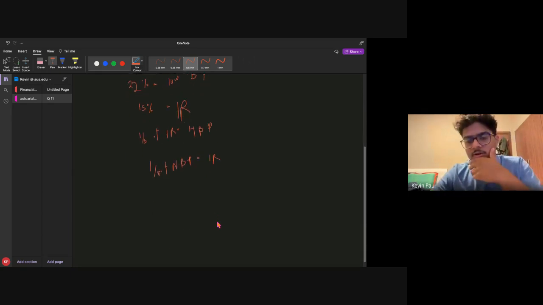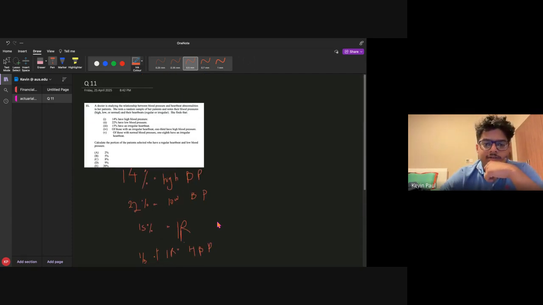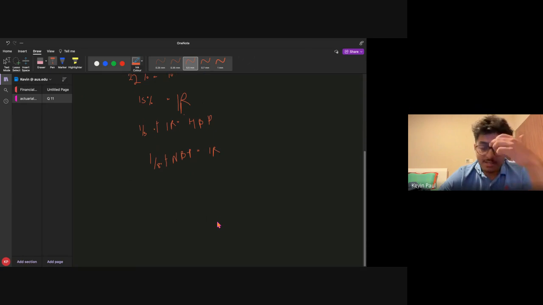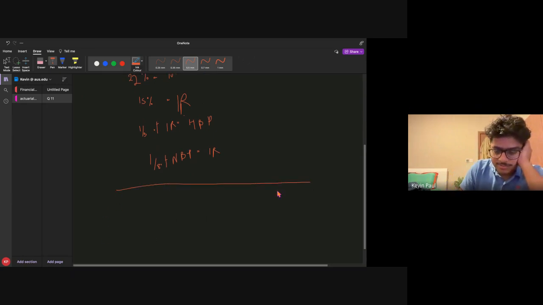Okay, so now what do we have right now? We have two different variables: blood pressure and heartbeats, and so a total of six possibilities, right? So we can make a table. So these are the heartbeats: you have regular, irregular.